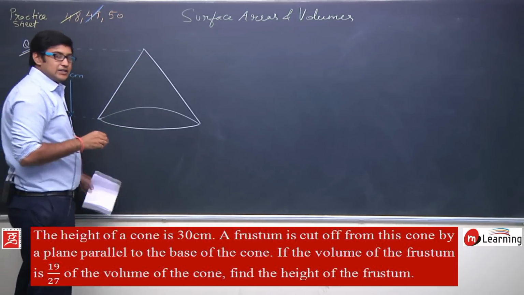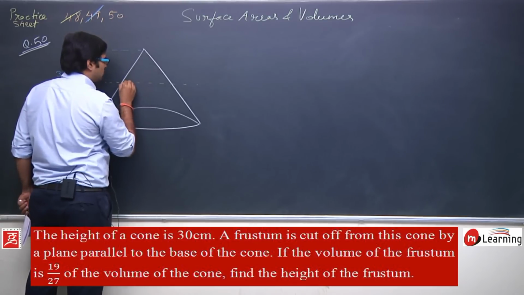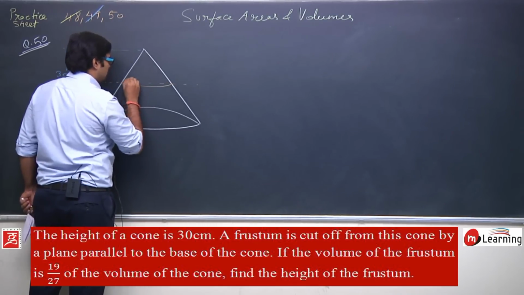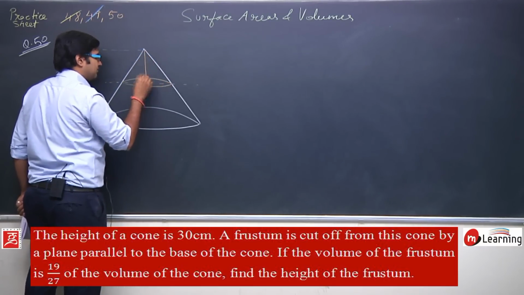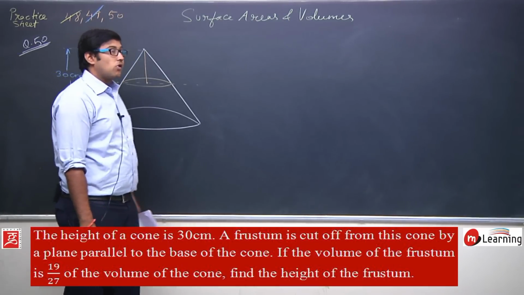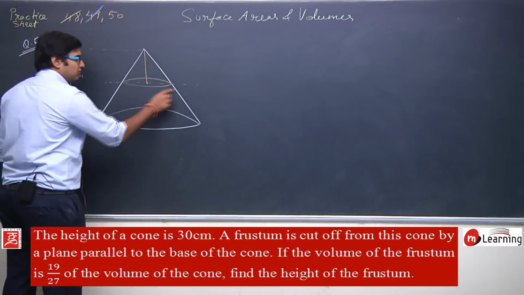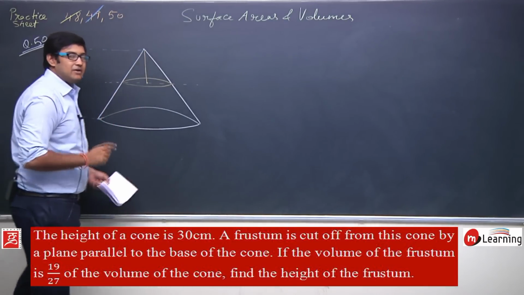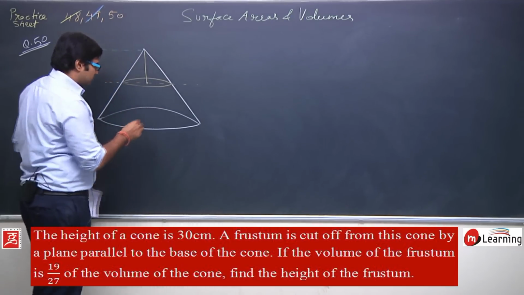What I did is I made a frustum from this cone, I took out a frustum from this cone such that the volume of this frustum is 19 by 27 times the volume of the cone.